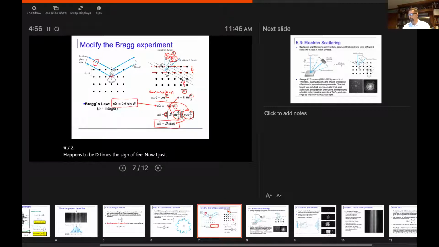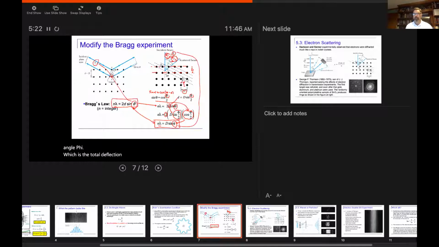It looks nice. It is still describing the Bragg scattering phenomenon, right? Like some incident beam comes in, some scattered beam goes out. It still has constructive interference, but this one is using the angle theta, which is defined right here. This experiment is using the angle phi, which is the total deflection angle.